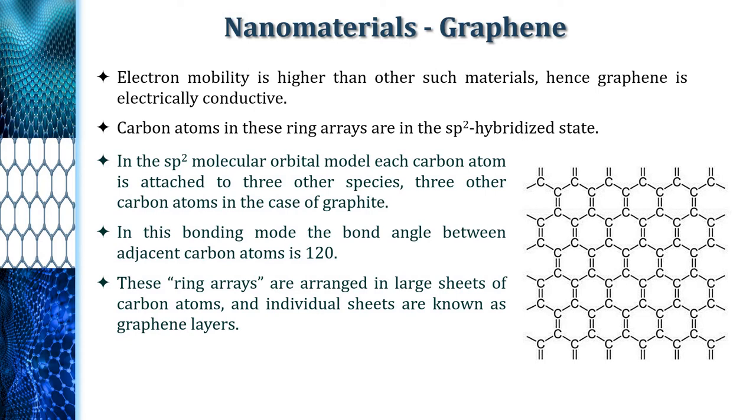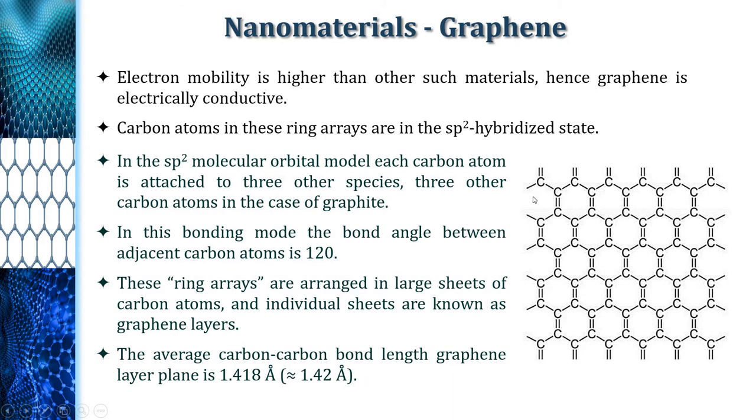The sp2 sigma bonds are there, as well as pz pi bonds formed in graphene. This is the conjugated structure with alternate single and double bonds. Due to this kind of structure, graphene is a conducting material. It is electrically conducting as well as thermally conducting.